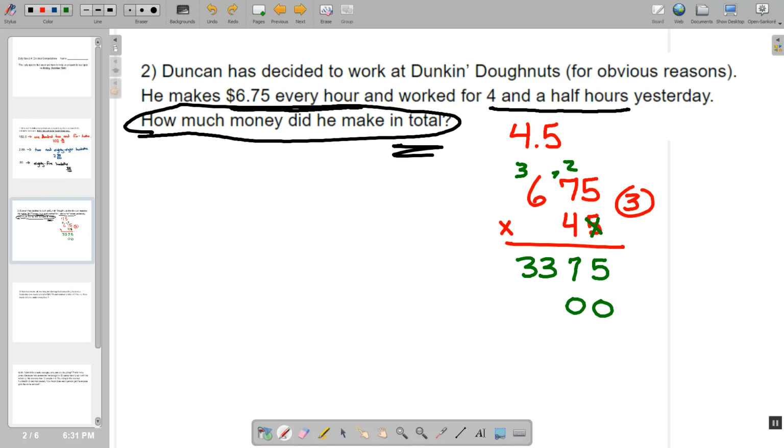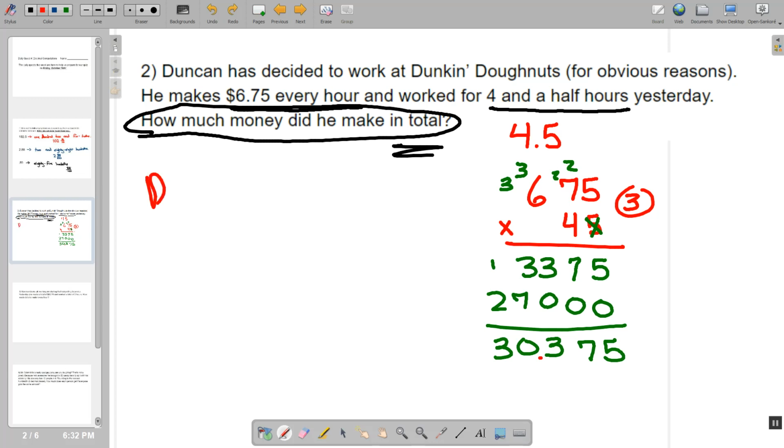So 20, 28, this is 30, 24, so this is 27. So now we have 3 digits behind the decimal point when we're done, which means our decimal has to go here.